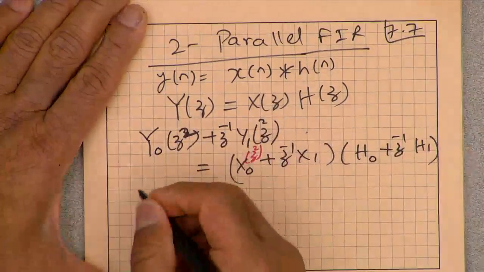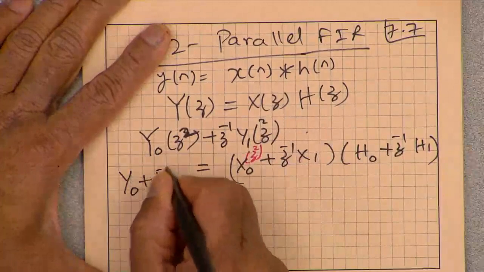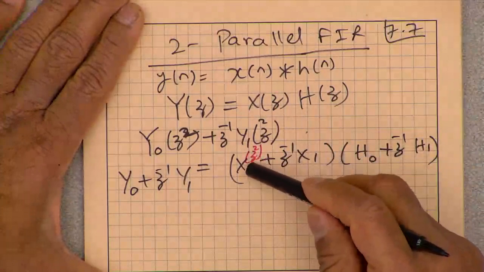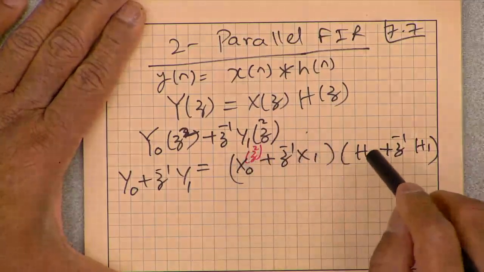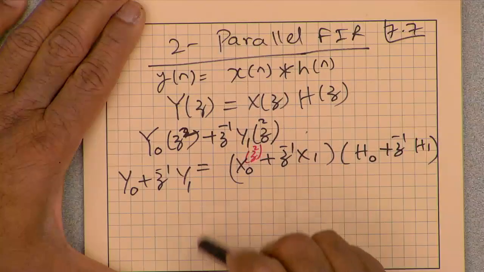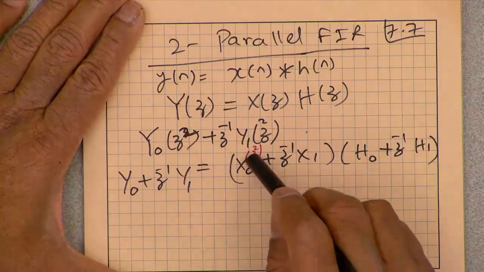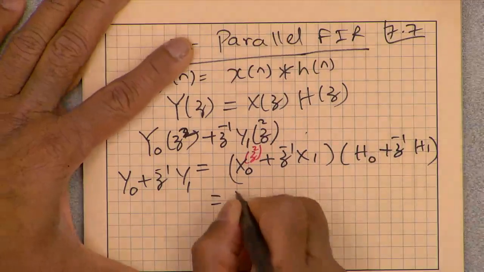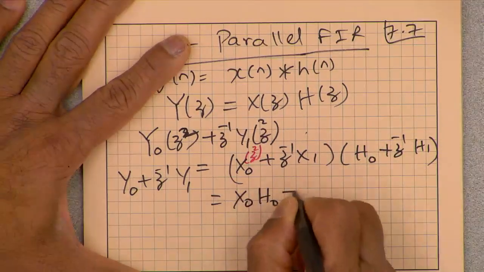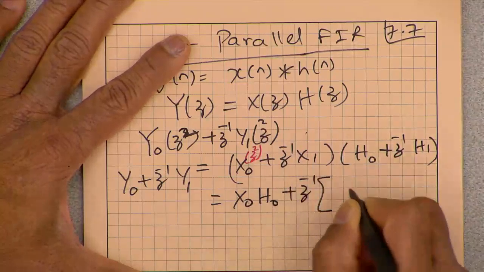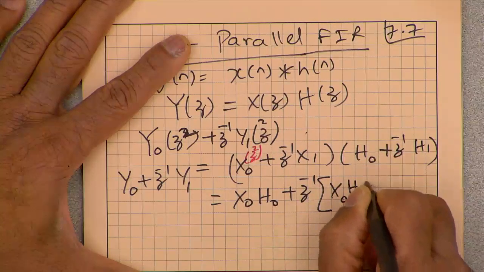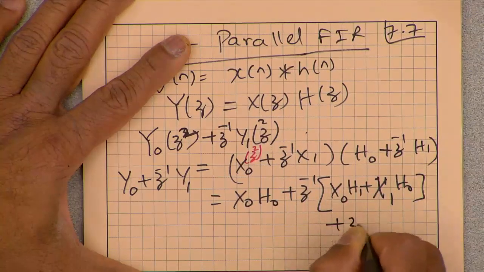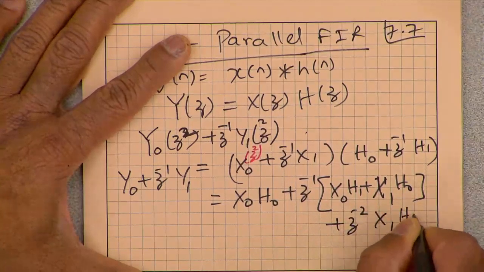So I'm going to simply say y0 plus z to power minus 1 y1 is equal to that. But implicitly you should understand that all these polynomials x0, x1, h0, h1, y0, y1 are polynomials in z squared and not z. So this will be x0 h0 plus z to power minus 1, taken outside a bracket, x0 h1 plus x1 h0, plus z to power minus 2 x1 h1.